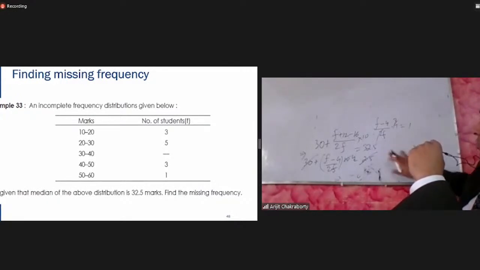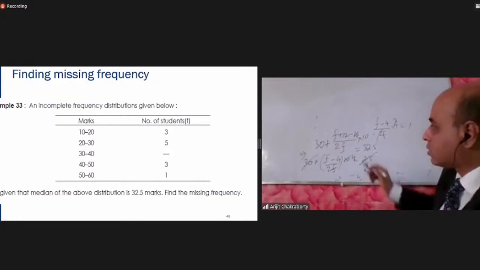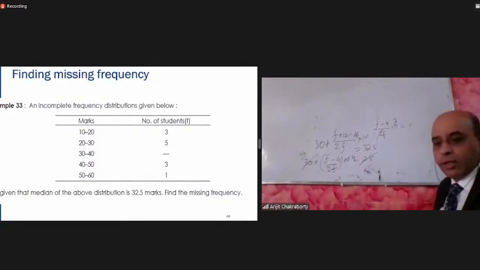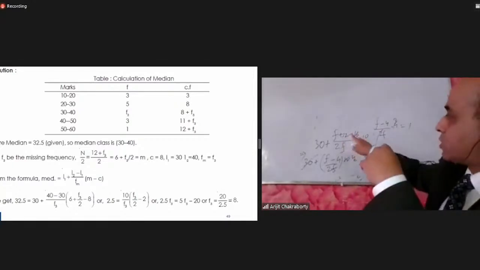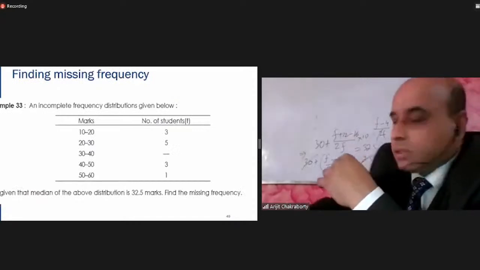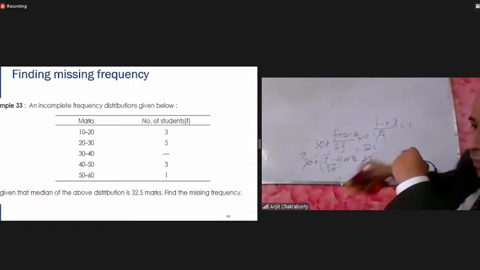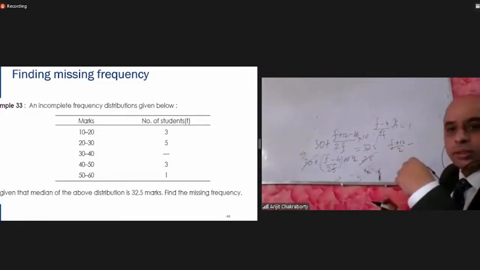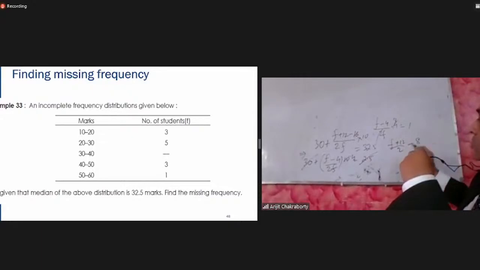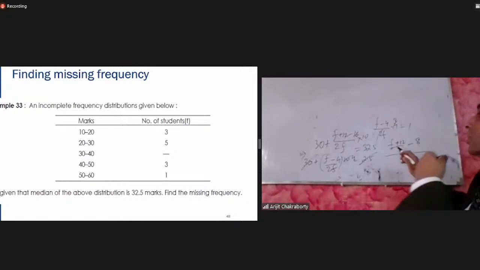Just a moment. Let me check whether things have gone correctly. 30 plus (f plus 12) minus 16. Okay, (f plus 12) by 2 we have taken, perfect. Let me do this portion once again. (f plus 12) by 2 minus the cumulative frequency, which was 8, divided by the denominator, which was f plus 8 minus 8.